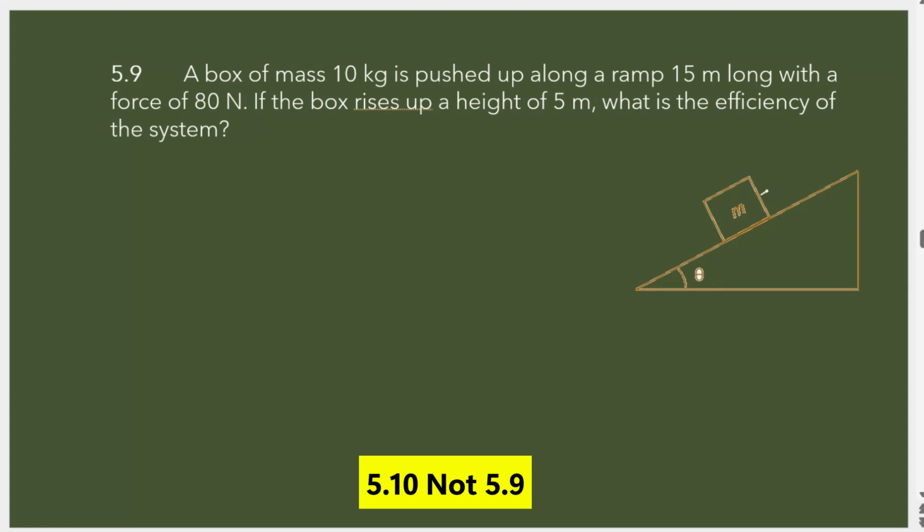A force pulls this mass in the upward direction, and let the amount of this force which is given here be 80 Newton, and the length of this ramp is equal to 15 meter, and the height of the ramp h is equal to 5 meters.